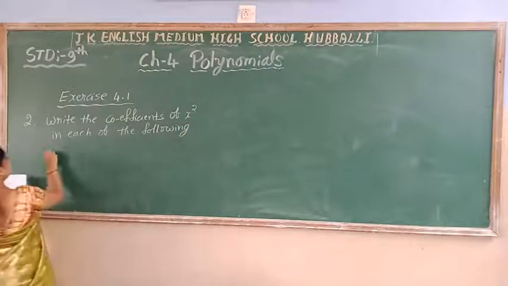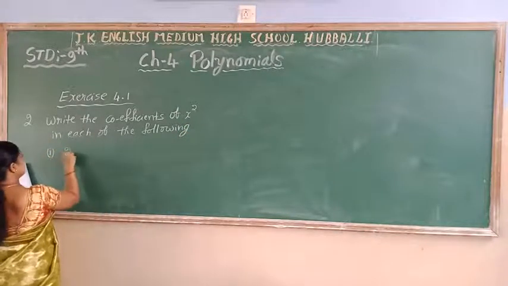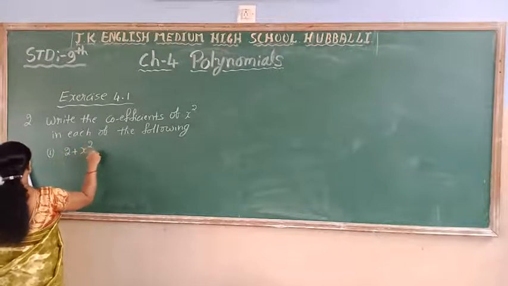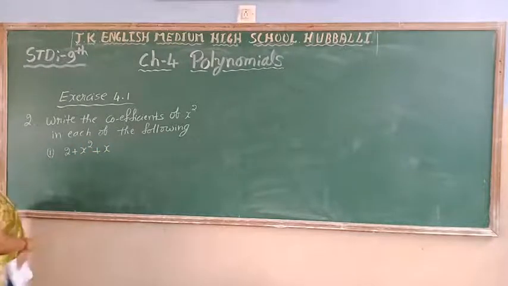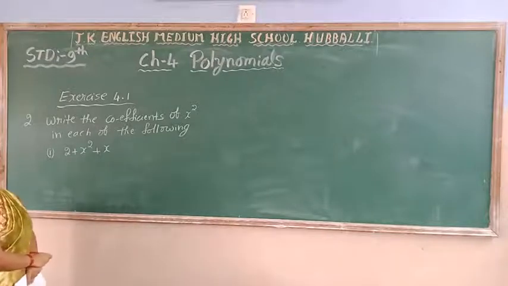So first one, 2 plus x square plus 6. Write the coefficient of x square in each of the following.